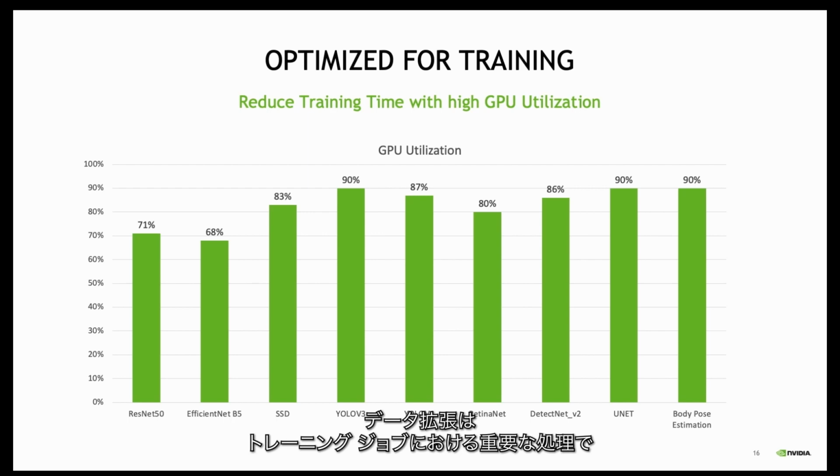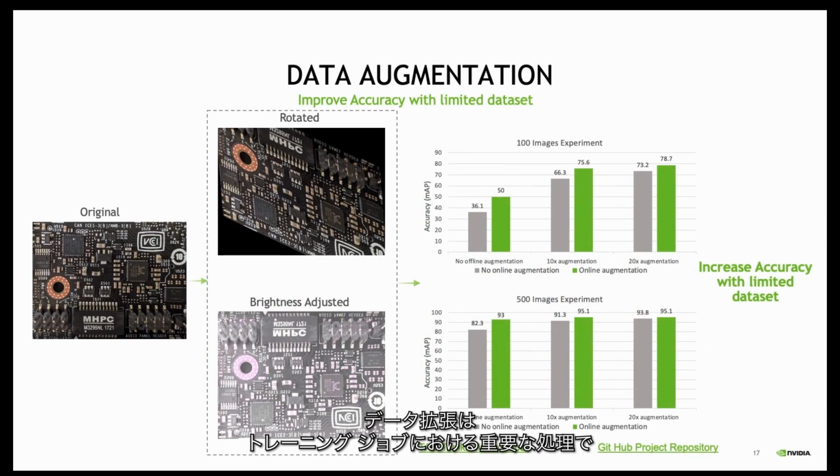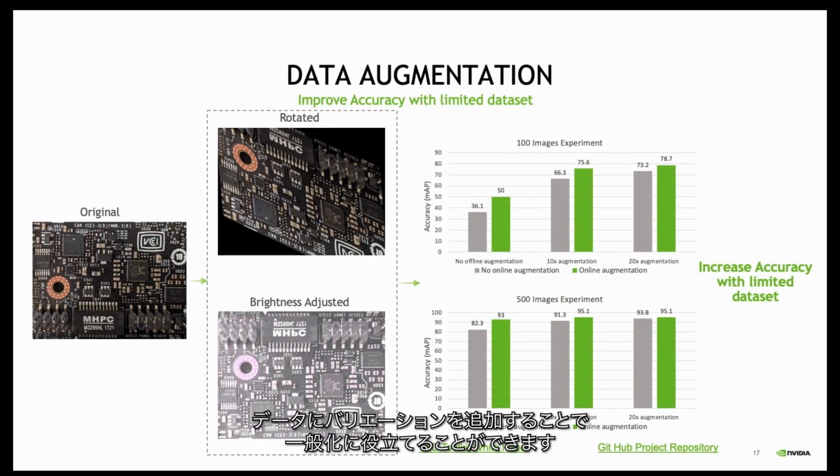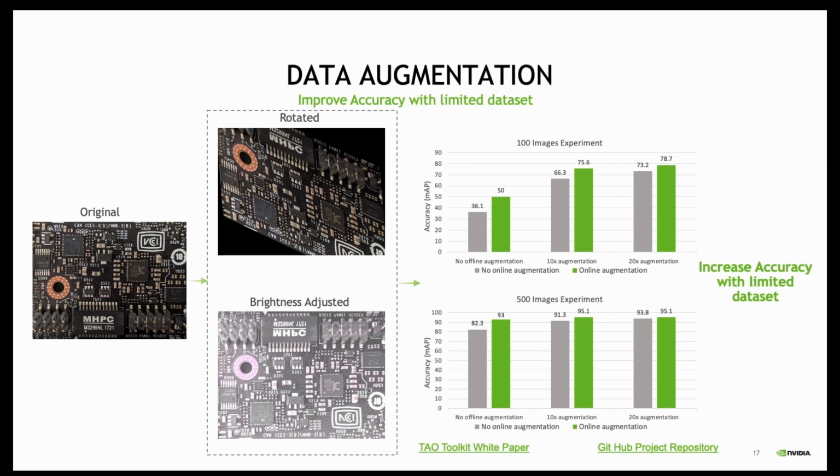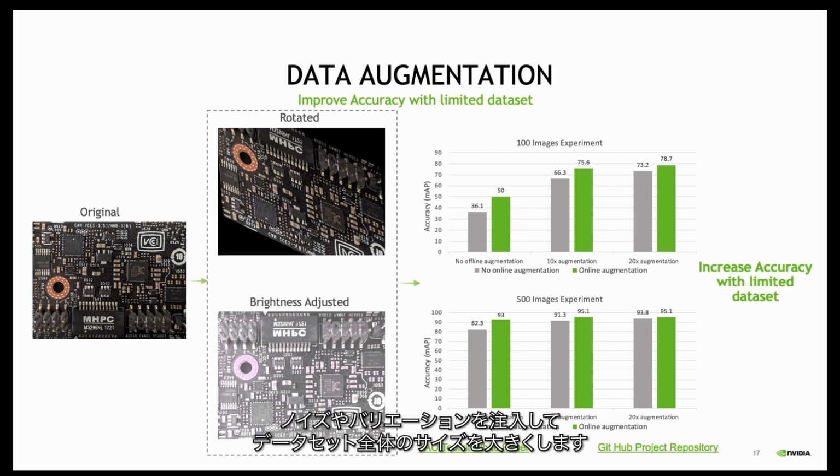Data augmentation is very important for any training job. It allows you to add variation in the data that always helps in generalizing. TAO Toolkit supports both offline and online augmentation. Offline augmentation is typically used when you have a small data set and when you want to inject noise and variation to increase the overall size of the data set.